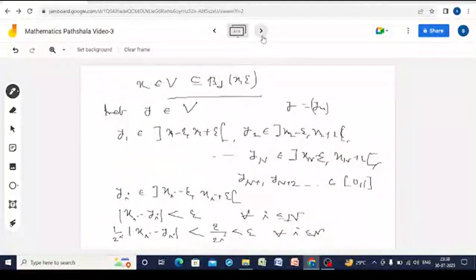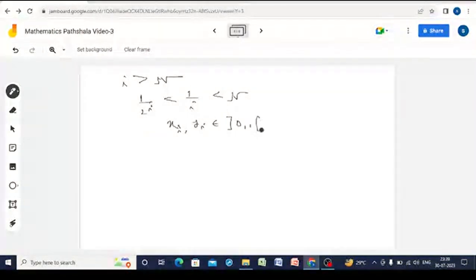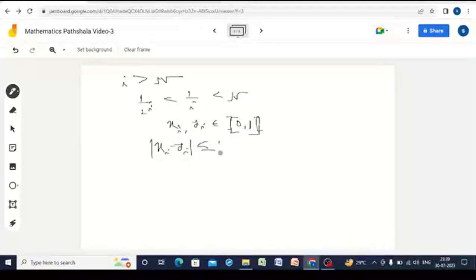And then for i greater than n we will now calculate. So for all i greater than n, 1 by 2 to the power i is less than 1 by n. And also, since these xi, yi are taken from the closed interval [0,1], all coordinates are taken from the closed interval [0,1], so our |xi - yi| will be less than or equal to 1.